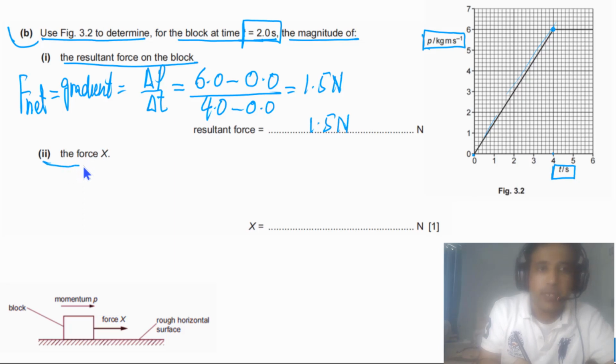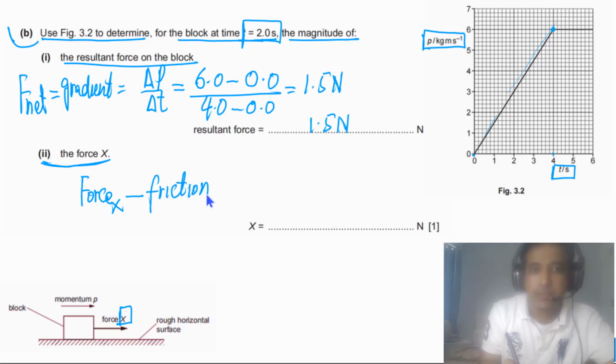And for the second part, we need to determine the force X. This force is the applied force. So we need to understand that the force X minus friction is equal to F net, the resultant force. But for this question, we need to calculate force X. So I'm writing just X here.